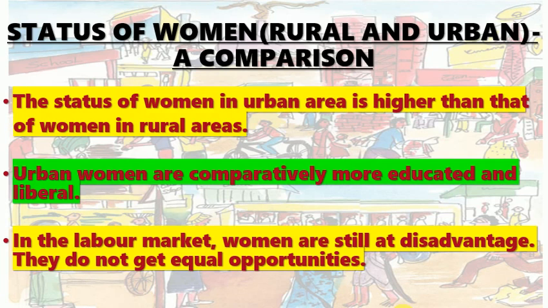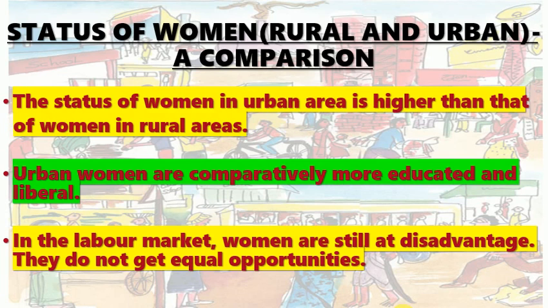But in the labor market, women are still at a disadvantage. The labor market discriminates against women. They do not get equal opportunities, and it is unfair to put women in such a situation.